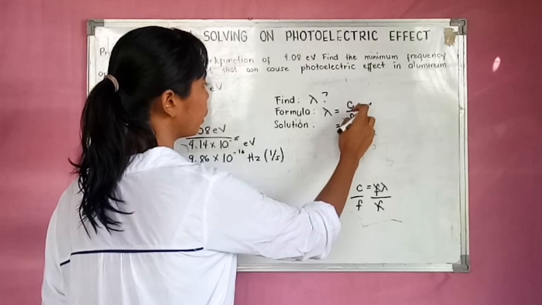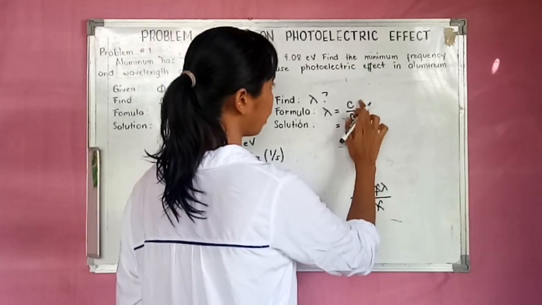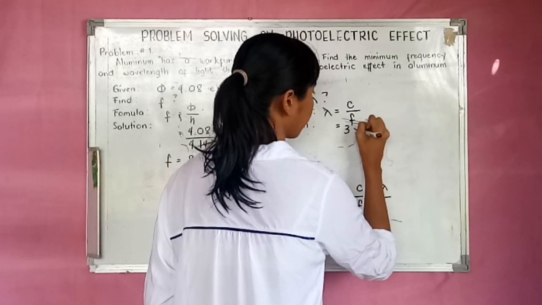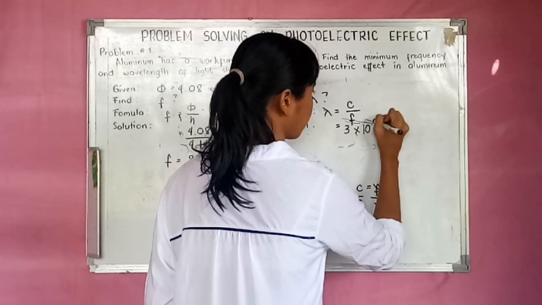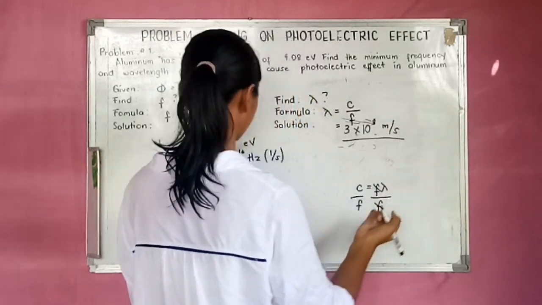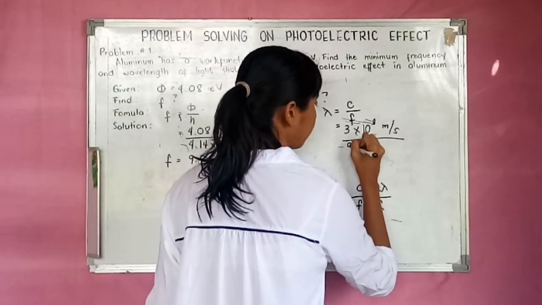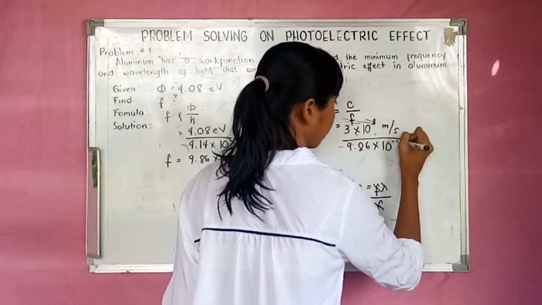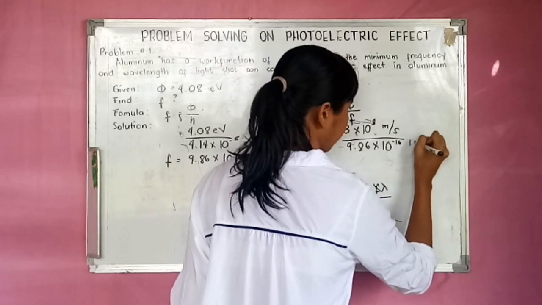Then we are going to substitute the value of the speed of light, which is 3 times 10 raised to 8 meter per second divided by the frequency 9.86 times 10 raised to negative 16 cycle per second.